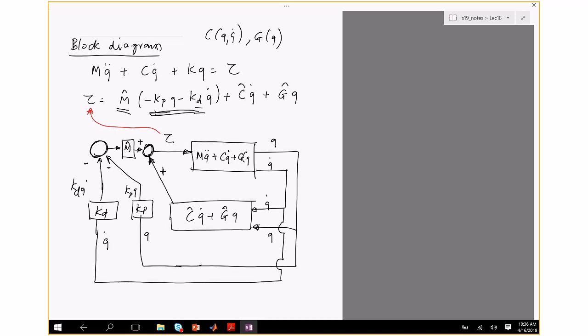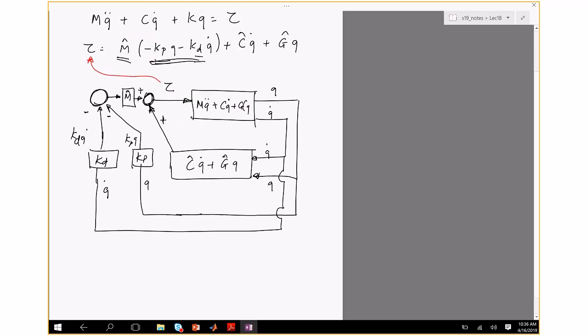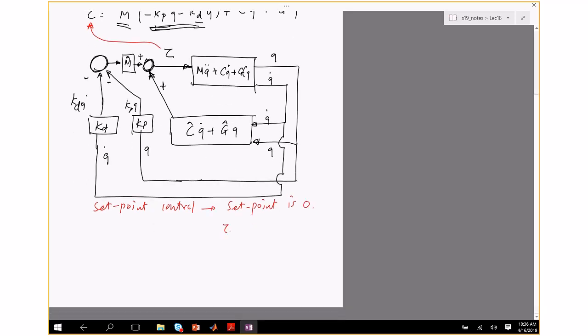What we have here is known as set point control, where the set point is just zero. Why is it zero? It's because of this term: you have minus kp q minus 0, minus kd q dot.